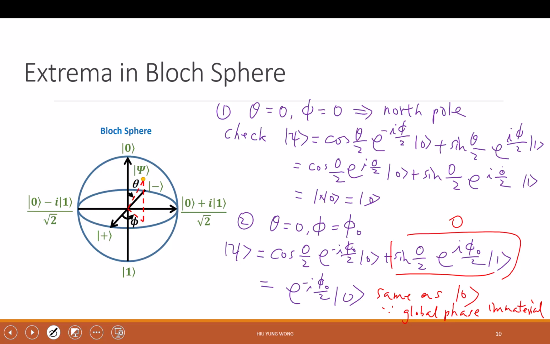So now you understand every point on the surface of the Bloch sphere corresponds to one quantum state, but actually more than that. That quantum state times any global phase, e to the power i something. They all correspond to the same point, but it doesn't matter because we're talking about one qubit, that is the global phase. It has no physical significance. And that goes back to when I asked you to diagonalize the sigma y matrix.